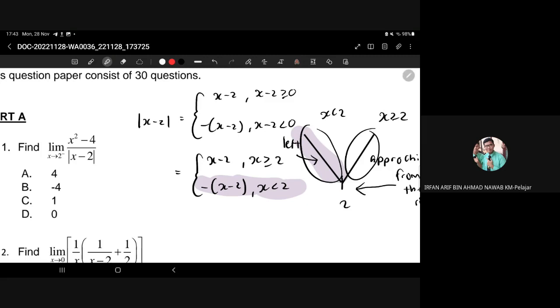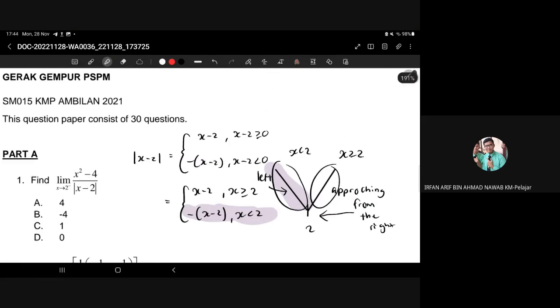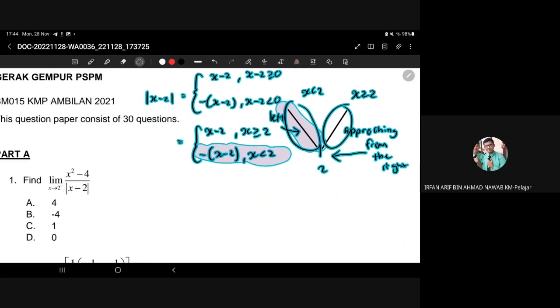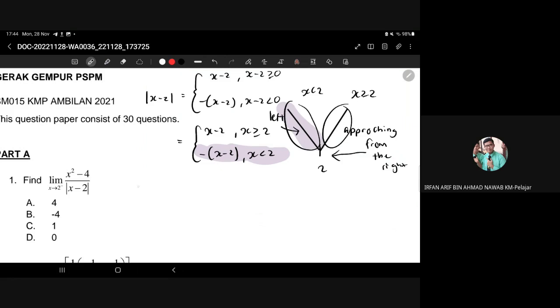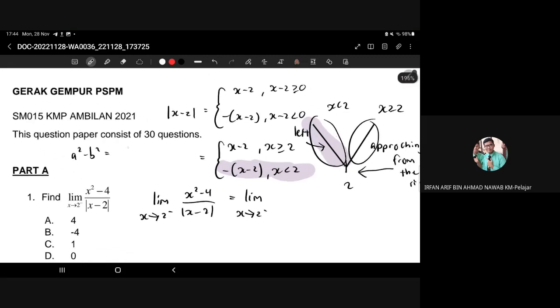Okay. So from here, hold on, let me rearrange this. I'm going to put it up here. Right now we first write down the limit, and then we have x squared minus 4 over, wait, we can factorize x squared minus 4 by using this formula, a squared minus b squared, this theorem, which is a minus b, a plus b.